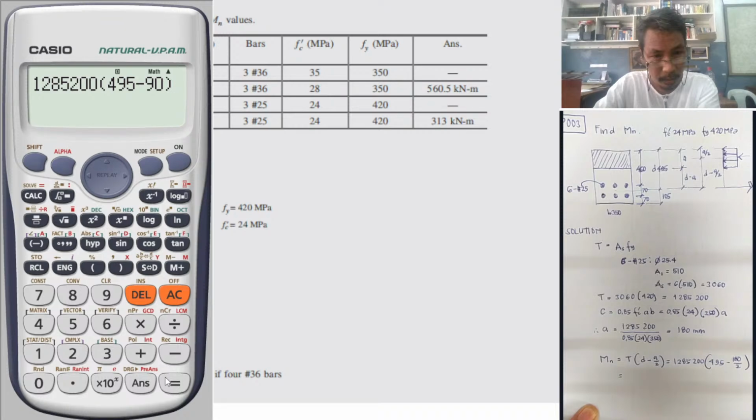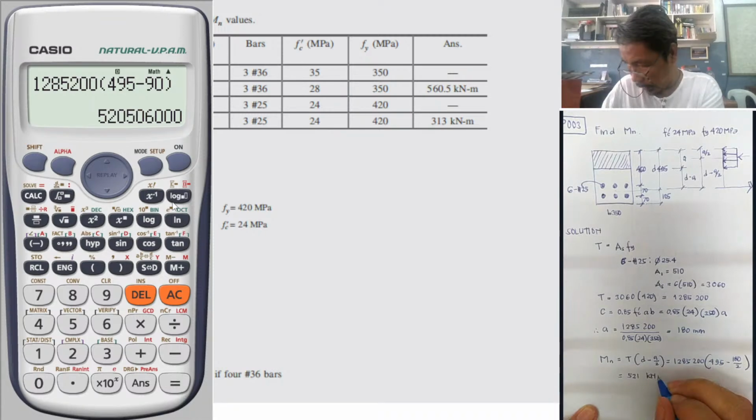Okay, so if we use three significant figures, we can have 521 kilonewton meter. So this is our final answer.